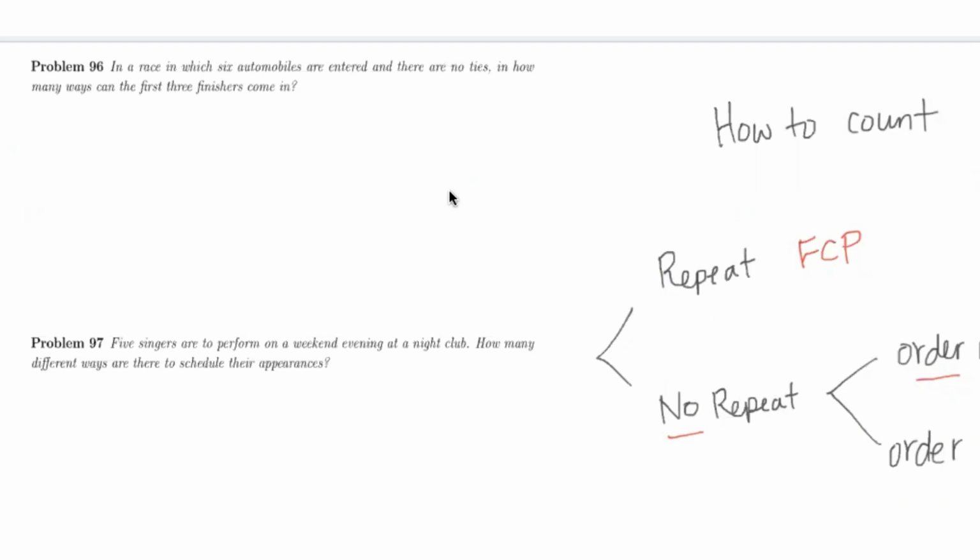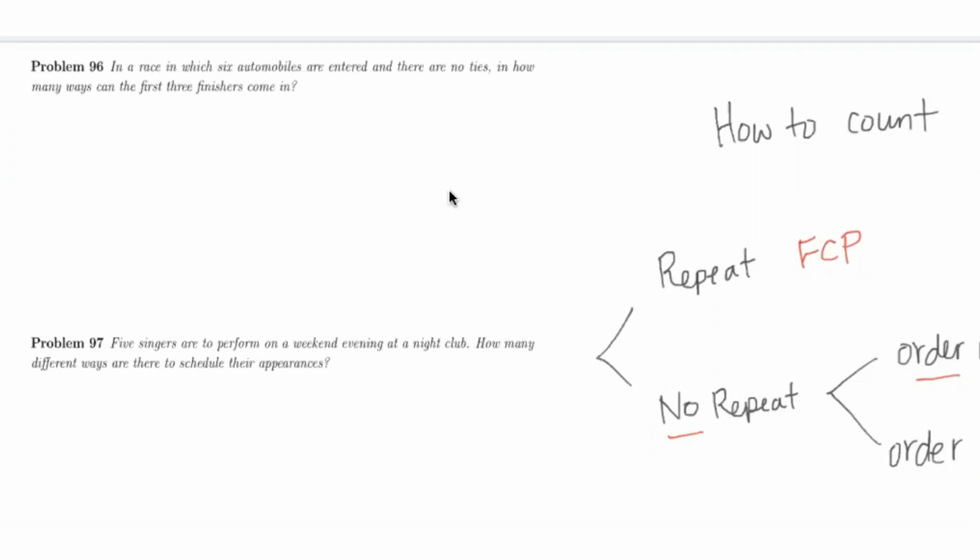One second, let me get to that page. No, but I can do it right now, actually.